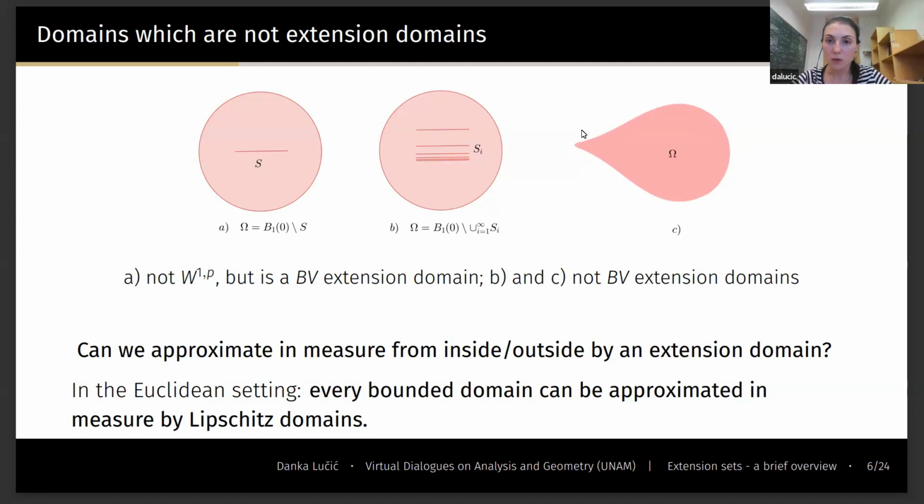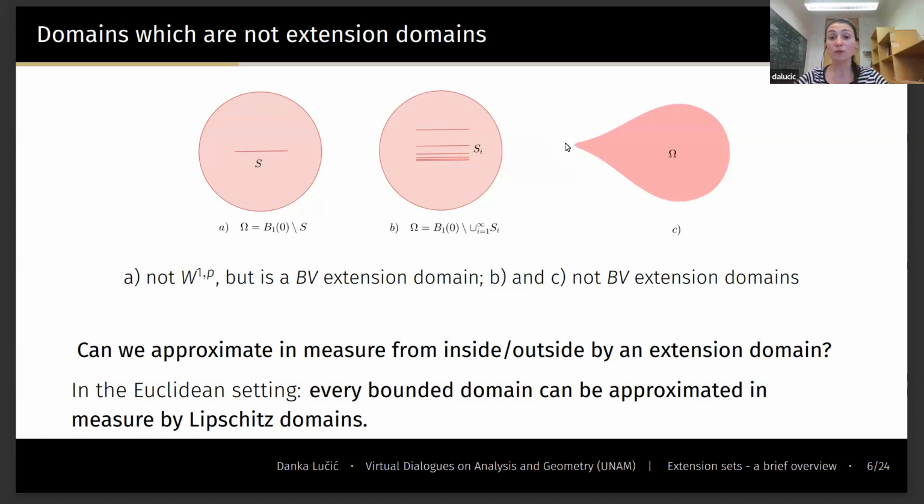Because if we look at the complement of this omega and take two points, one on this side and the other on this one, and try to connect them by a curve, then if we go really near with the points to this cusp, their distance will be really small, while the curve will have to, so imagine that this cusp is really, really thin here, the curve will have to have a certain length, but the distance between the points can be arbitrarily small. So this is something that destroys this property of being quasi-convex.